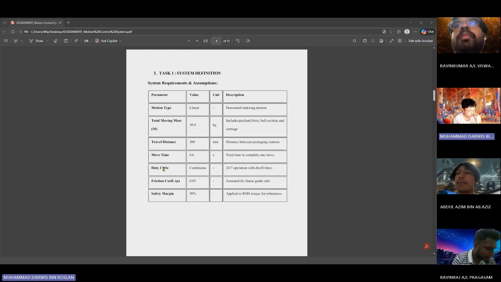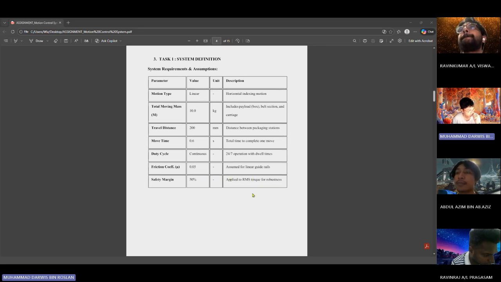The duty cycle is continuous, 24/7 operation with dwell times. The friction coefficient for the system is 0.05, which is assumed for linear guide rails. The safety margin is 50%, applied to all RMS torque for robustness.